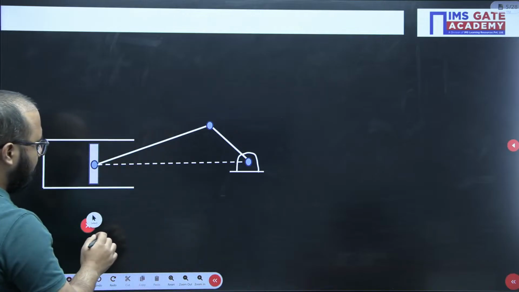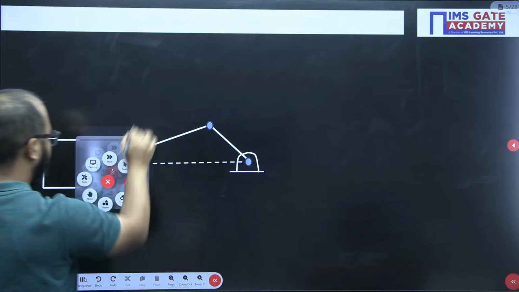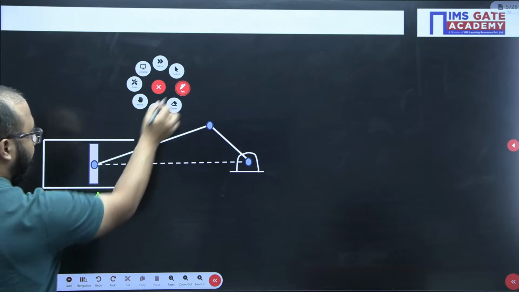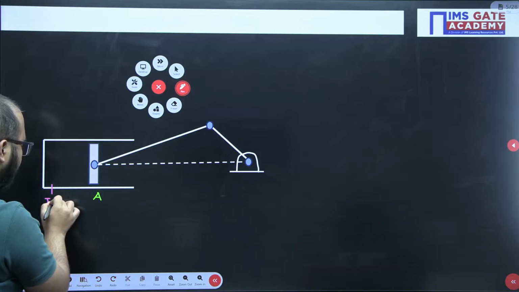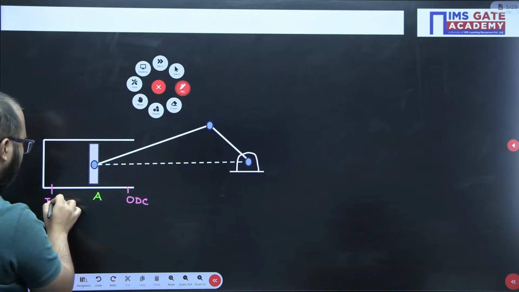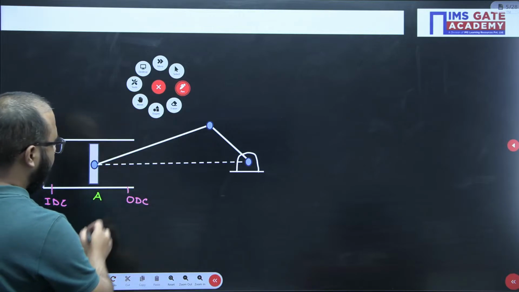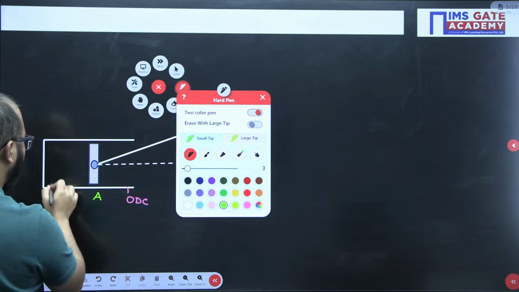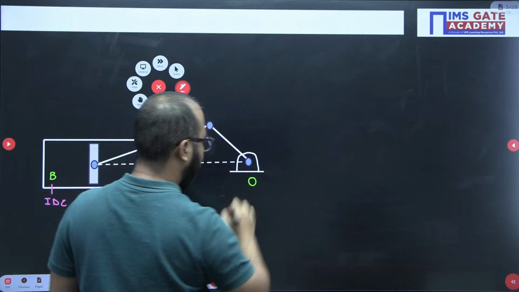Let's suppose this point is A. One more thing here: this is IDC, inner dead center, and this is outer dead center, ODC, right? So this is point A, and let's suppose this is point B, and this point is O, right?